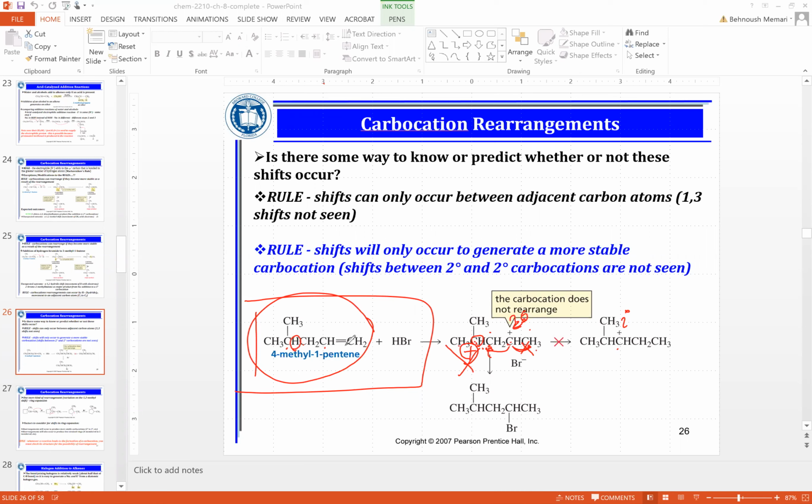Because it's two carbons away from the tertiary, we don't have a chance for rearrangement. And when the secondary forms, there is no way that it would go to primary. So no chance on this side, and no need on the left side, because it goes from secondary to secondary.